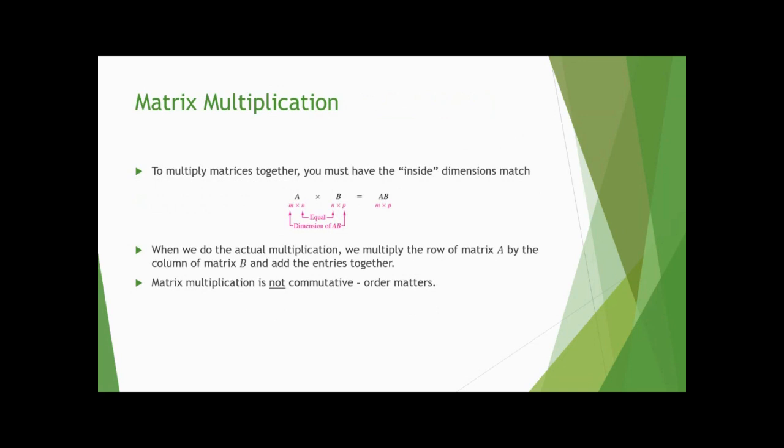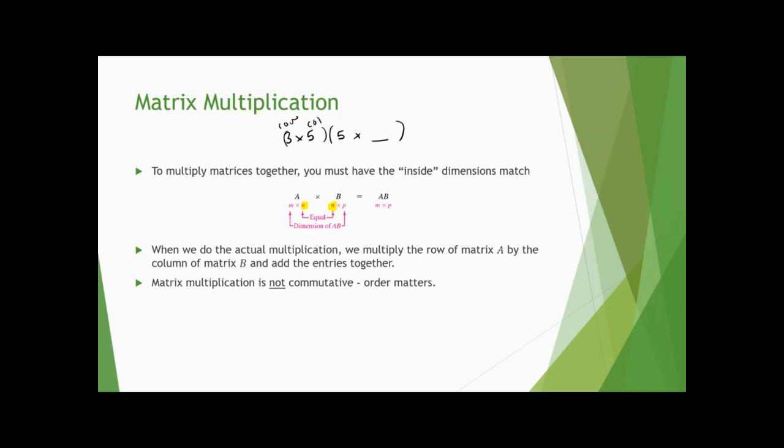An example would be if I have a 3 by 5 matrix and I'm multiplying it by another matrix, it needs to be a 5 by something. I don't care how many columns it has, but it needs 5 rows to match with the 5. This is row and column.